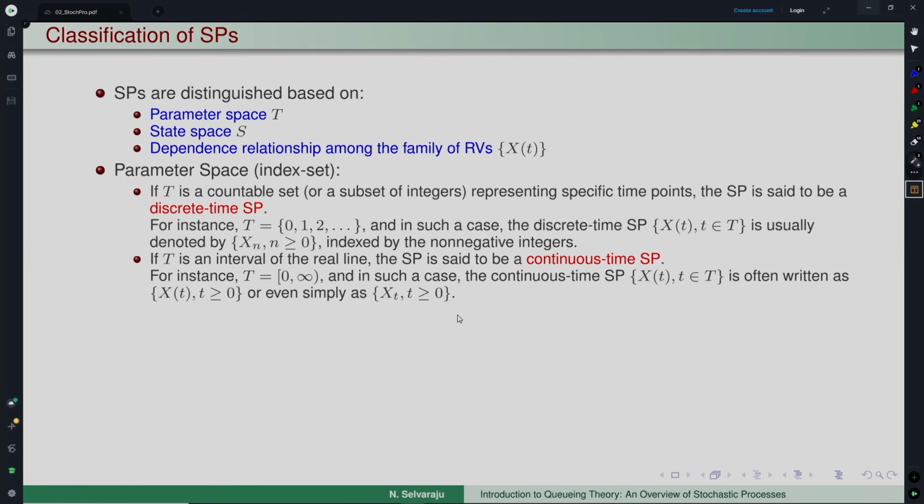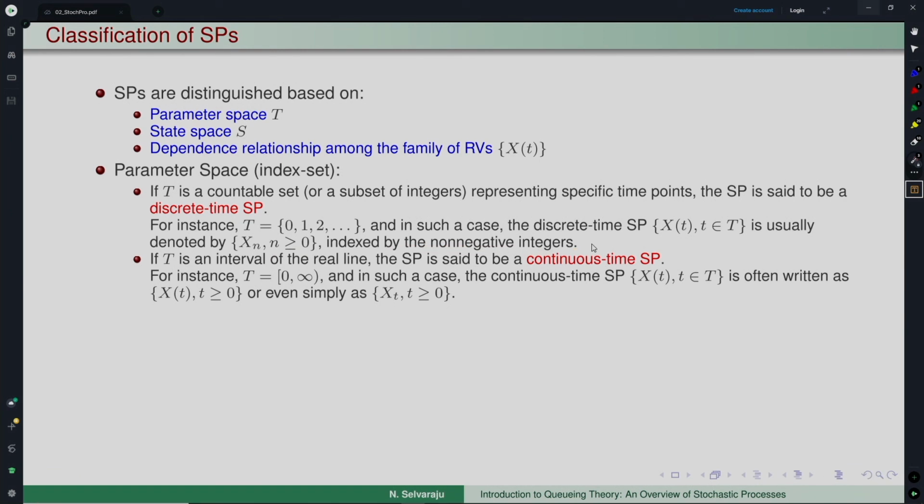As far as the parameter space, which is the index set, is concerned, if this set T is a countable set representing specific time points, then the stochastic process is said to be a discrete time stochastic process. In such cases, X of t is very often written as X suffix n for n greater than or equal to 0, when it is indexed by non-negative integers.